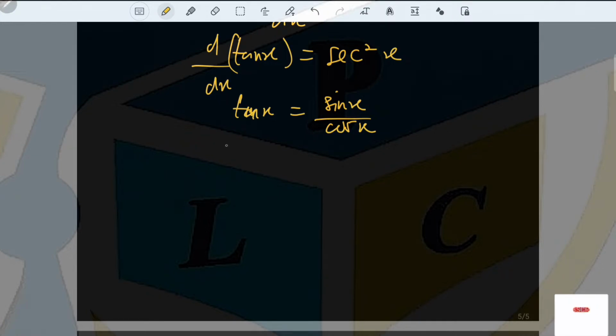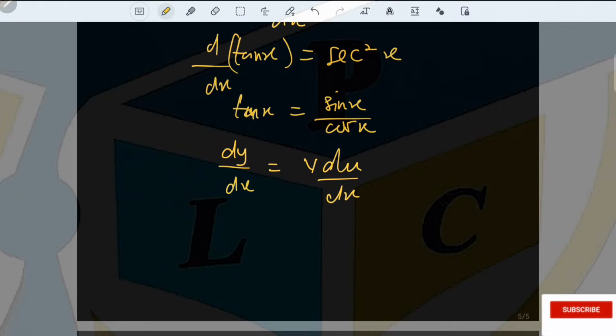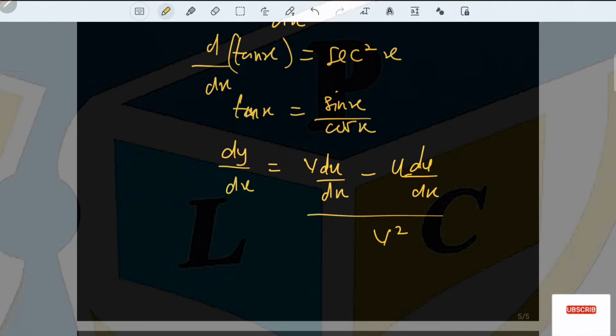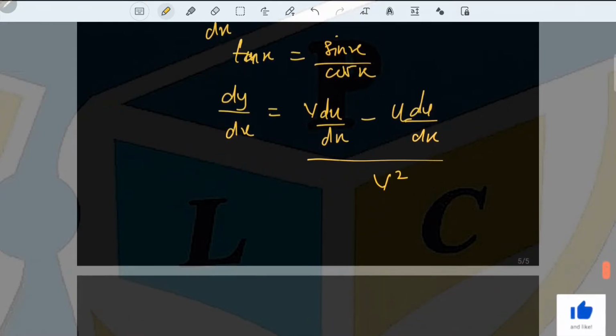The quotient rule is saying that if I have dy over dx, we make reference to two functions or two variables, u and v: v du dx minus u dv dx, all over v squared. I hope that's clear, right? So in this case, all I will do here is, now we know tan x is equal to what?